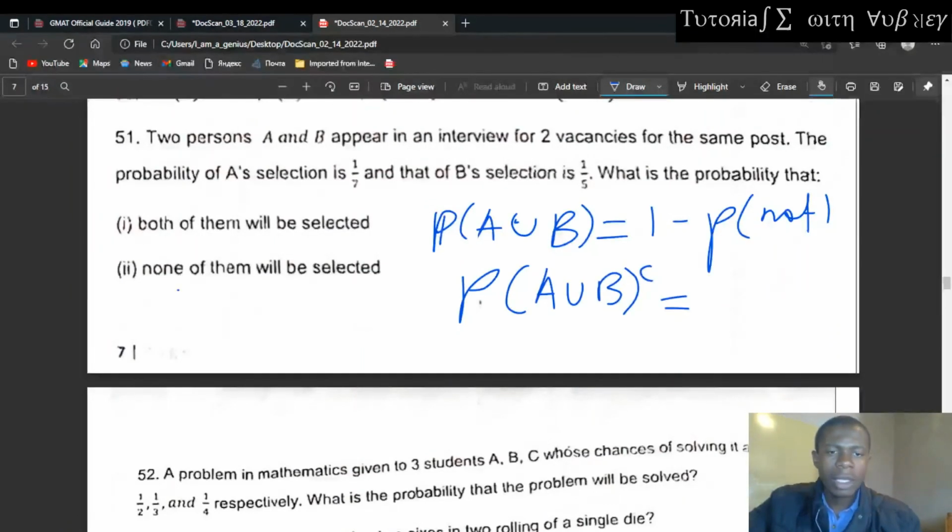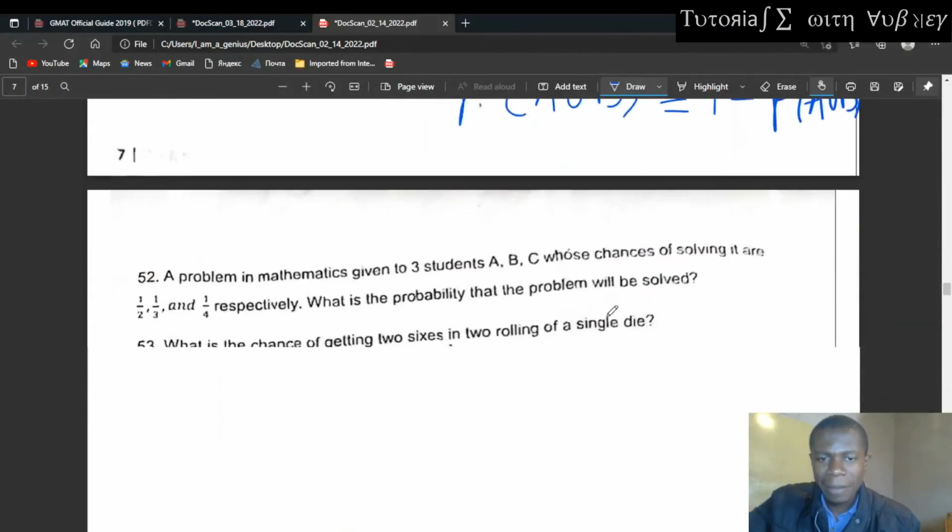Which is just 1 minus probability of A union B. So that is the approach for the second one, probability of A union B complement, which is just 1 minus probability of A union B. And question 51 is done. Okay, we go to question 52.